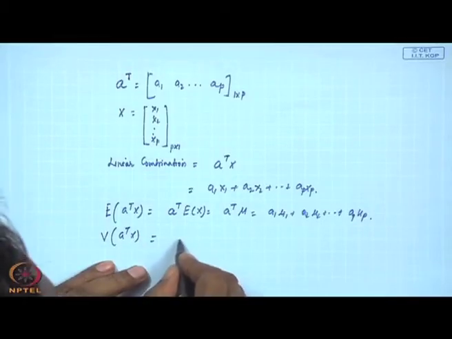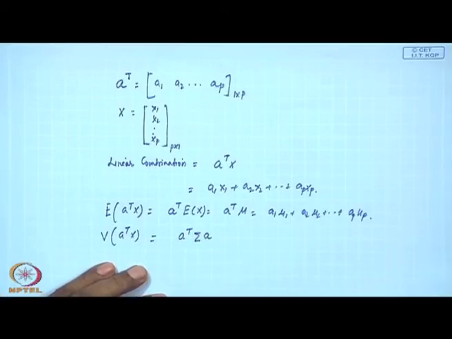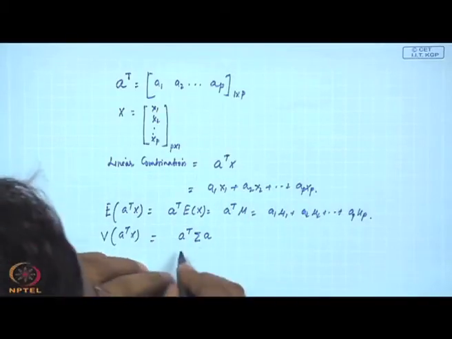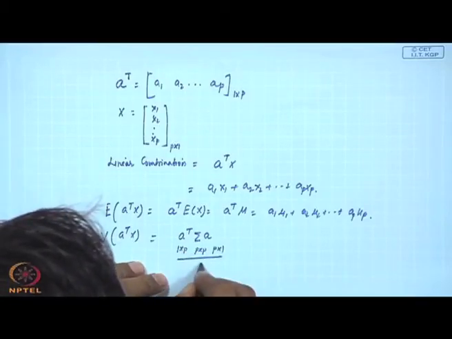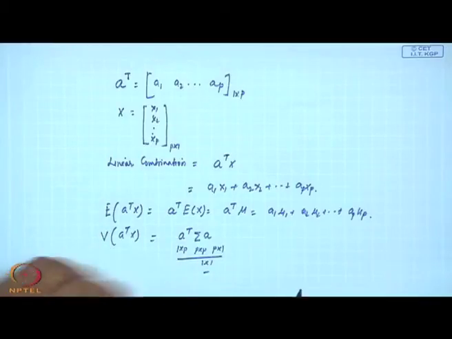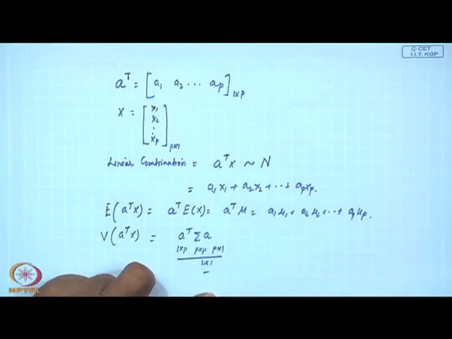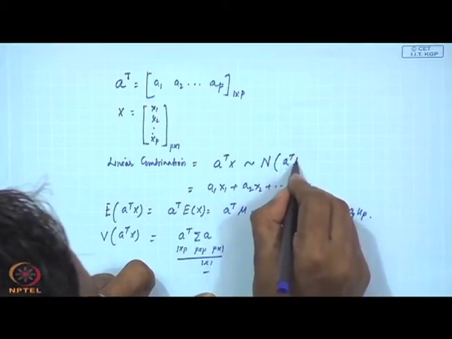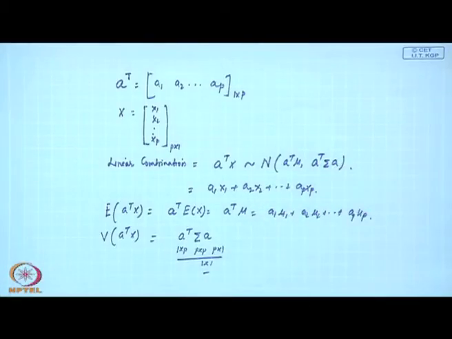This will be A transpose sigma A. You can prove it also like this. A transpose sigma A is 1 cross p, p cross p, p cross 1, and the result is 1 cross 1. So, the linear combination will follow a univariate normal with mean A transpose mu and variance A transpose sigma A.